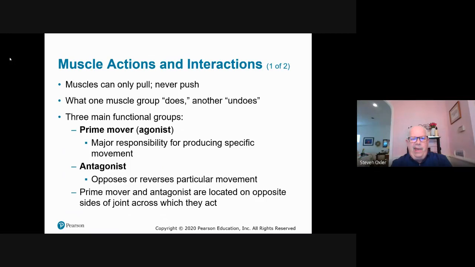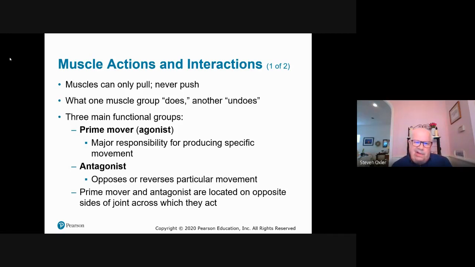The three main functional groups are the agonist, which is the prime mover, the muscle with major responsibility for producing a specific movement. And also the antagonist, the muscle group or the muscle that opposes or reverses the particular movement.